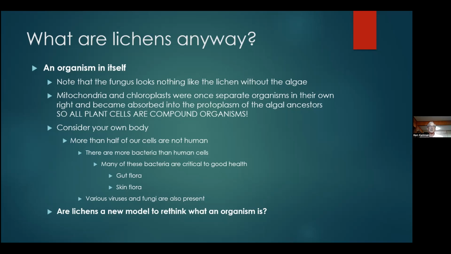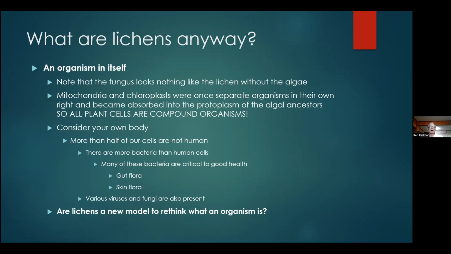But something that is really interesting about both of those organelles is that they were once separate organisms in their own right, and they became absorbed into the protoplasm of some algal ancestor, who knows where that was. And that organism said, wow, these are pretty cool things. If I don't eat and dissolve these things, I can now make my own food and I can use it.